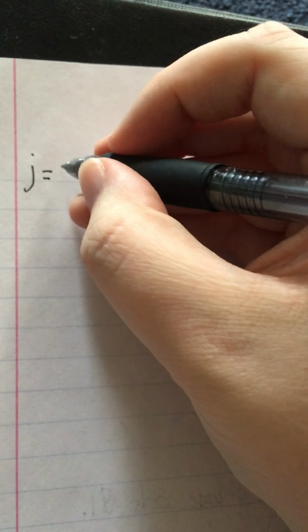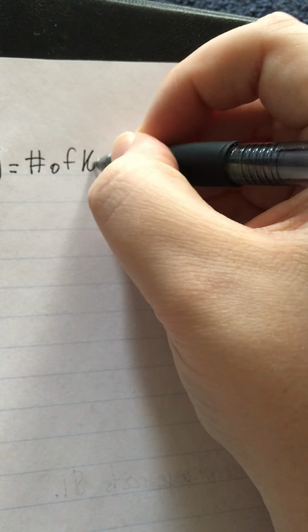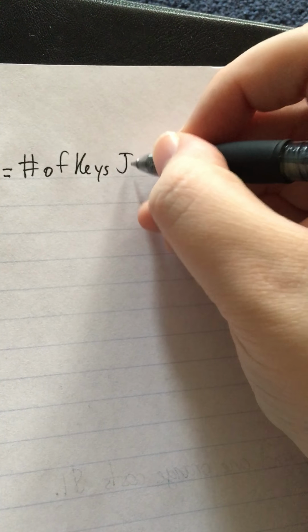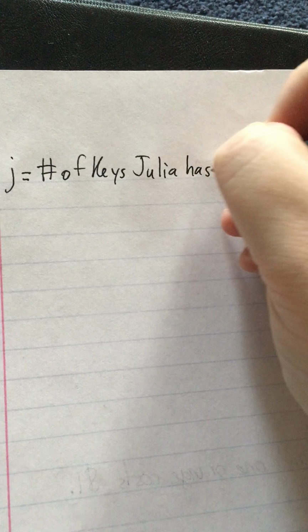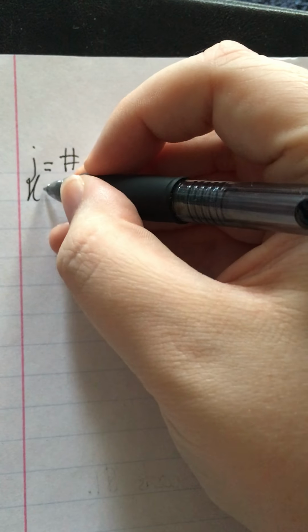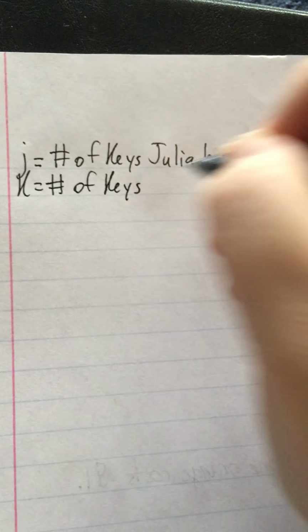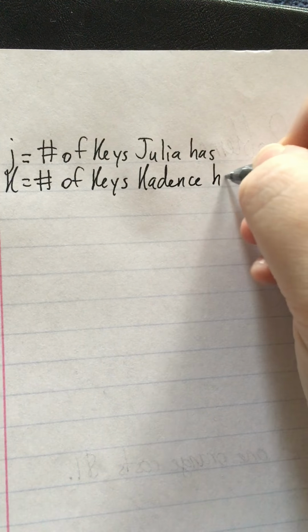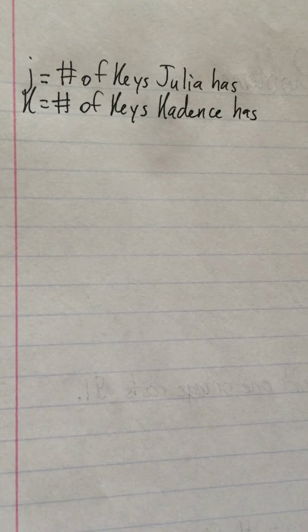J is going to equal the number of keys that Julia has. I'm going to have K is equal to the number of keys Cadence has. So, things we know.